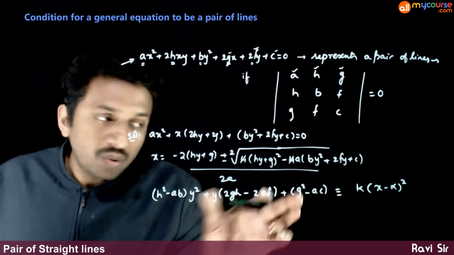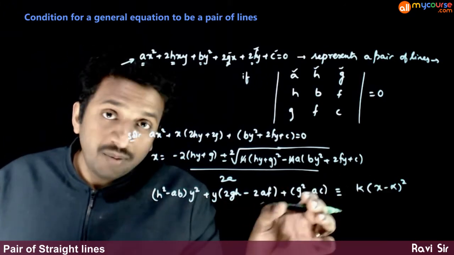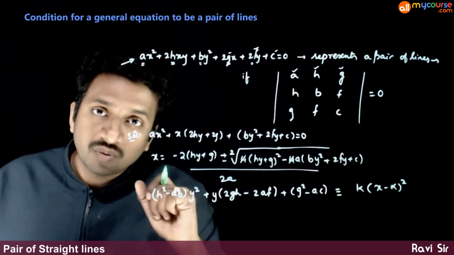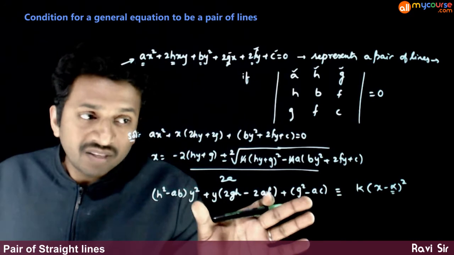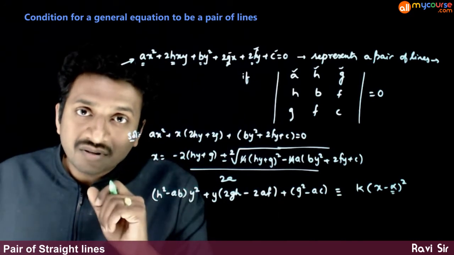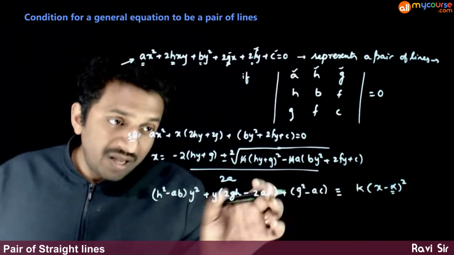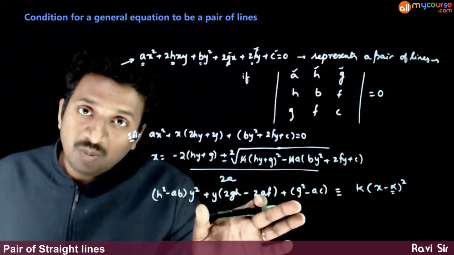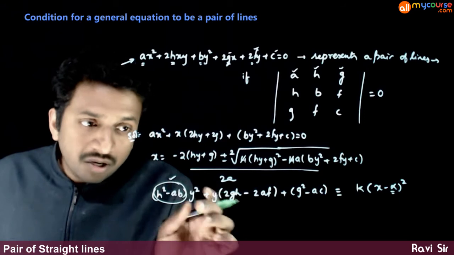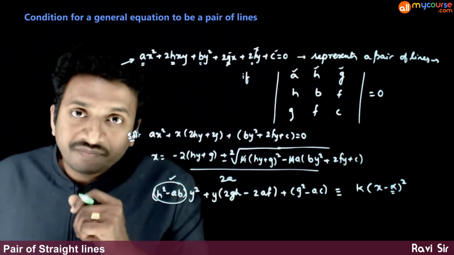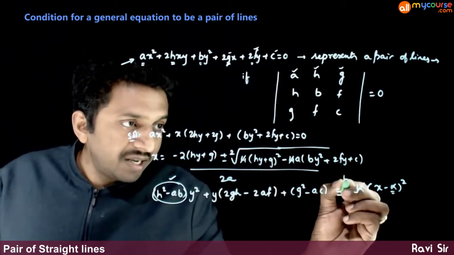So this has to have repeated roots. So the discriminant of this expression has to be equal to 0. And also this coefficient of y square has to be positive, because this k is nothing but h square minus ab.